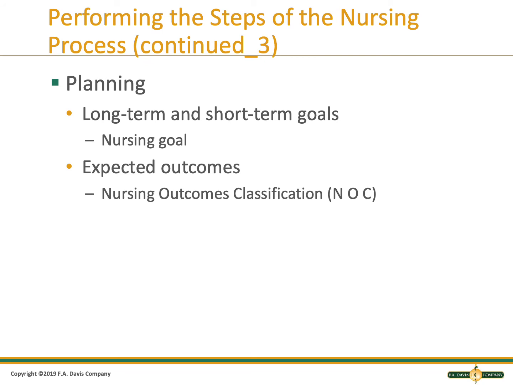So some of the things the outcome statements should include are a realistic, specific action to be taken by the patient, an action that the patient is willing and able to perform, an action that is measurable, and then a definitive time frame in which you'd like the action to occur.